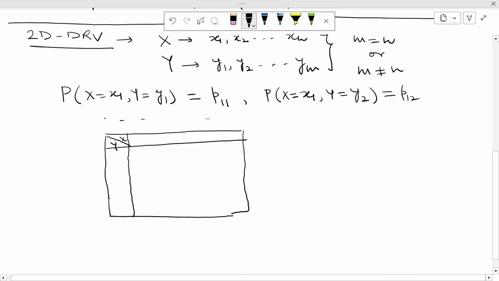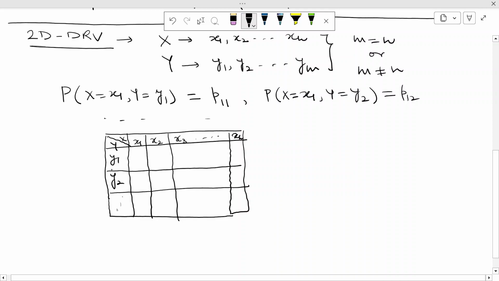If we write X over here, it means we are taking the values of X on the top row of this table. Let us consider these as x1, x2, x3 and so on, and at last xn. Similarly, we have the values y1, y2 and so on up to ym.